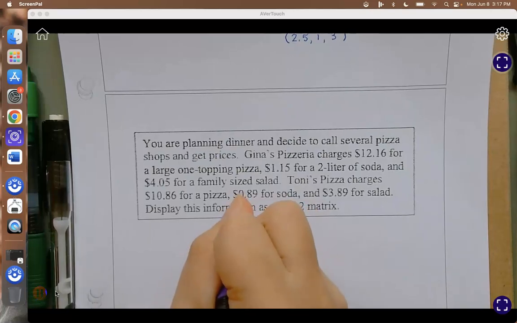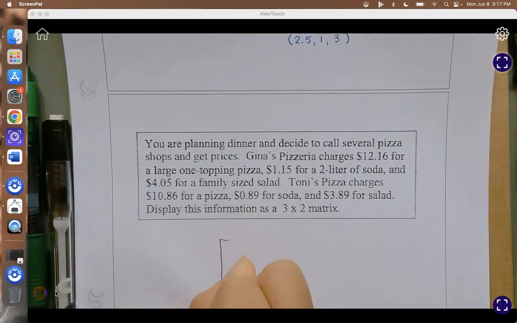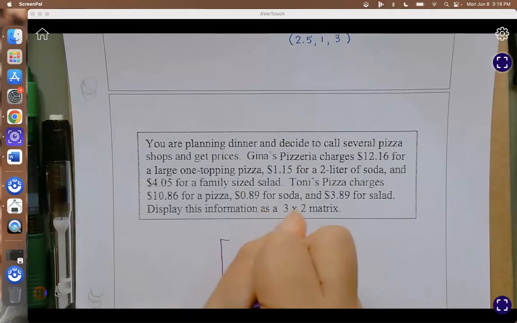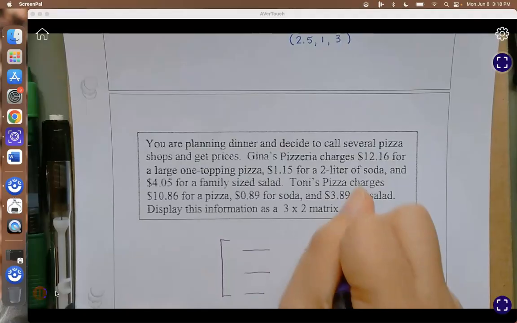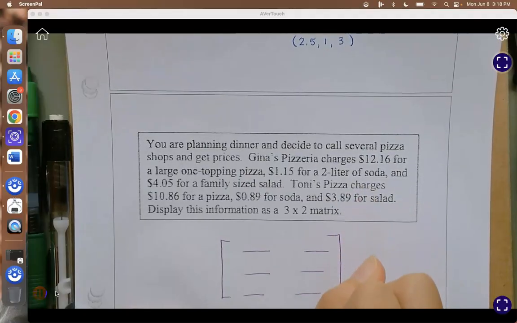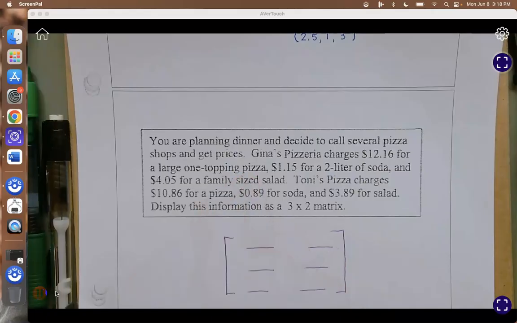So they want 3 rows and 2 columns. So we have to figure out how we're going to set this up given the information. Well, we have 2 pizzerias.